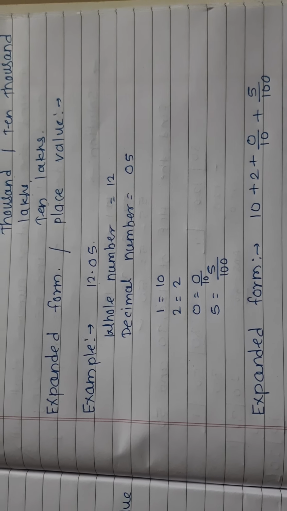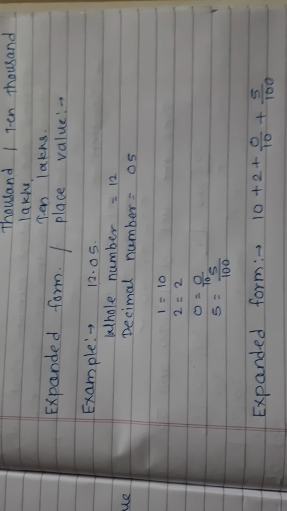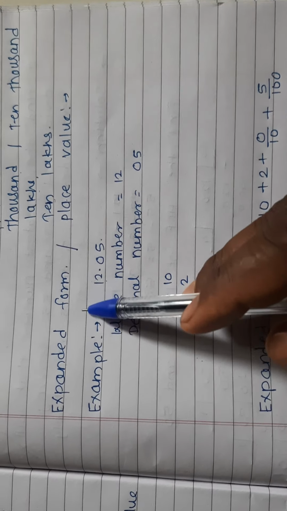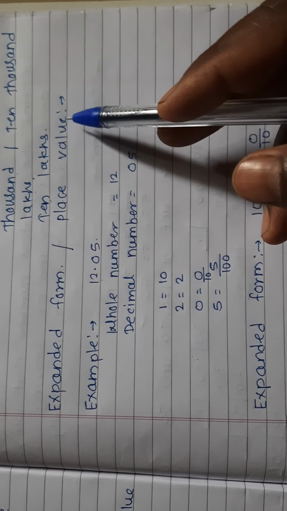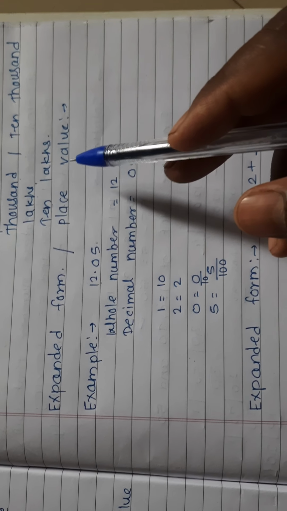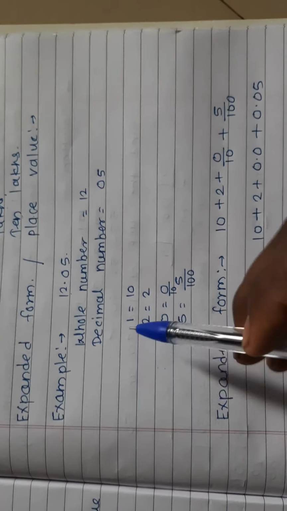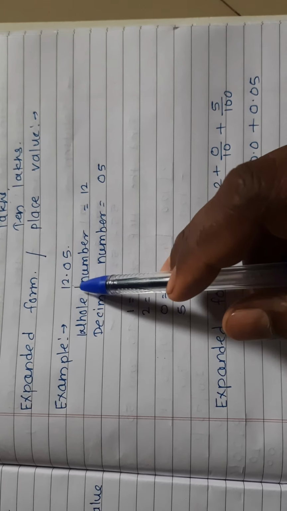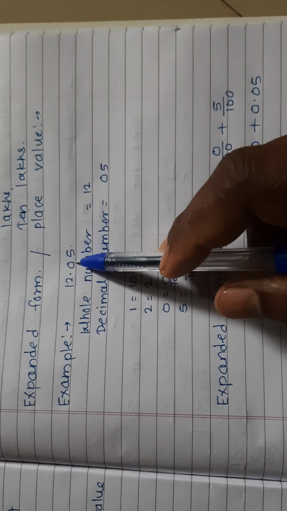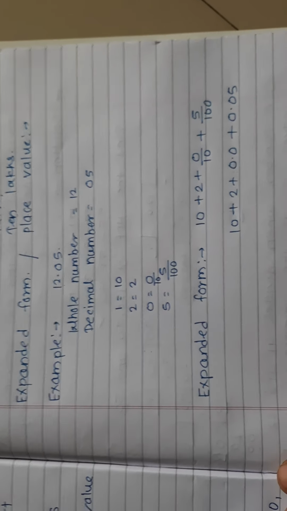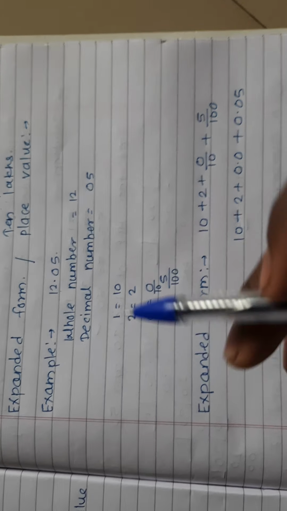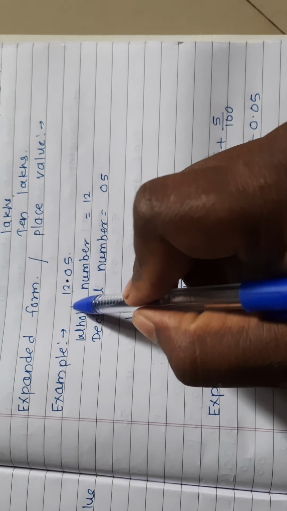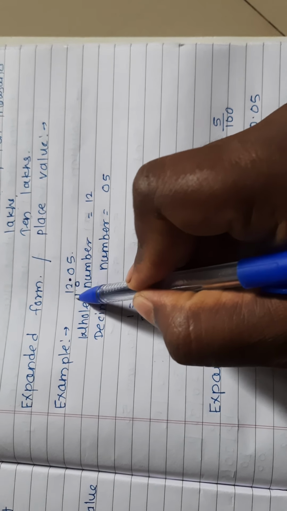Next point, expanded form and place value. Expanded form depends on the place value, so we need to know the places and place values. Example: 12.05. The whole number is 12 and the decimal part is 05. On the left side of the decimal, the first place is ones and then tens.